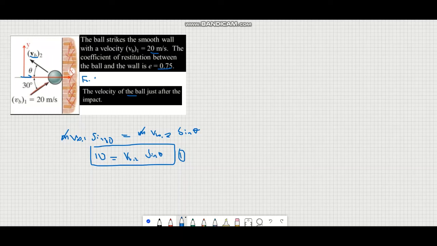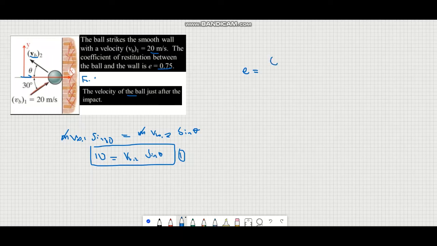So right now we are going to use the coefficient of restitution, which is e is equal to the final wall velocity, right? So one particle is the ball, the other particle is the wall. What is the final wall velocity? It is 0.